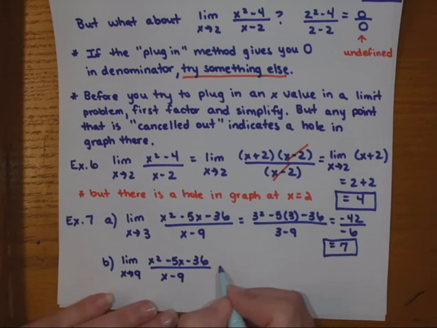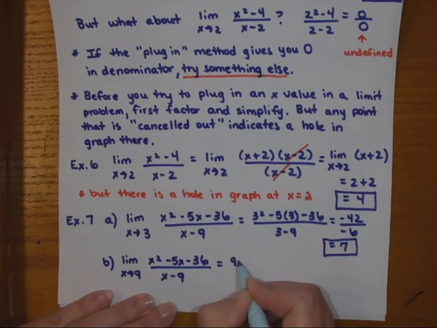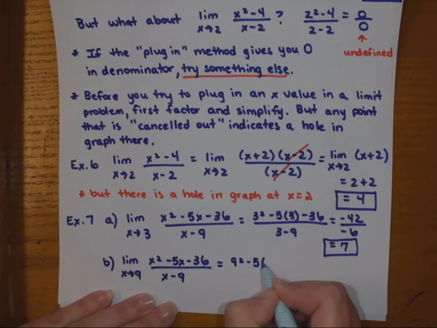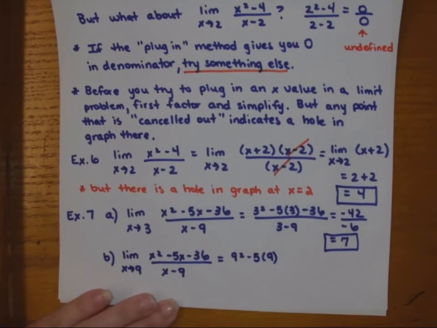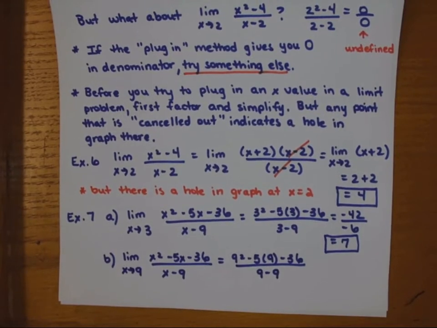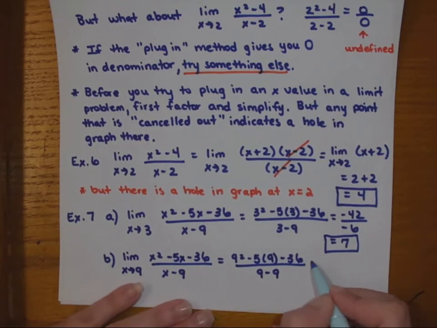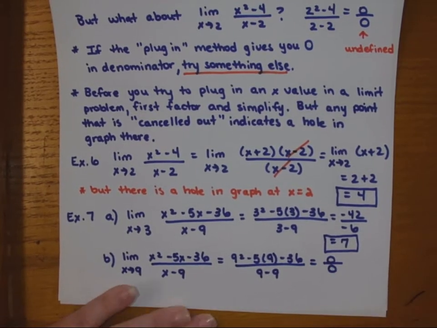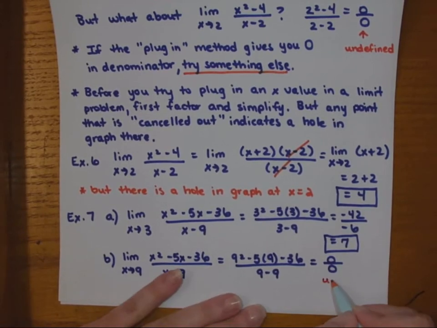If we try the plug-in method, and again, that's always what we want to try first, we would have 9 squared minus 5 times 9 minus 36 over 9 minus 9. You can maybe see the problem we're going to have in the denominator. We're going to get 0 over 0. Sometimes you'll get a number over 0, but this time we got 0 over 0. So again, this is undefined.